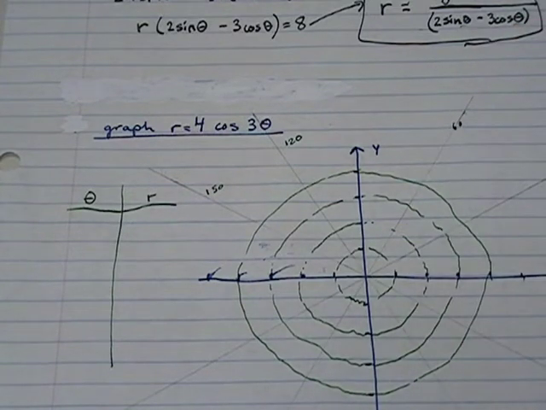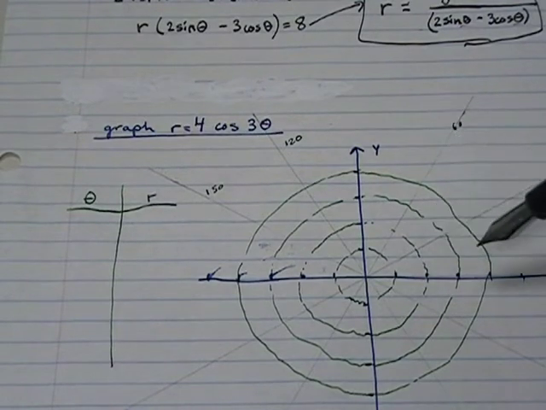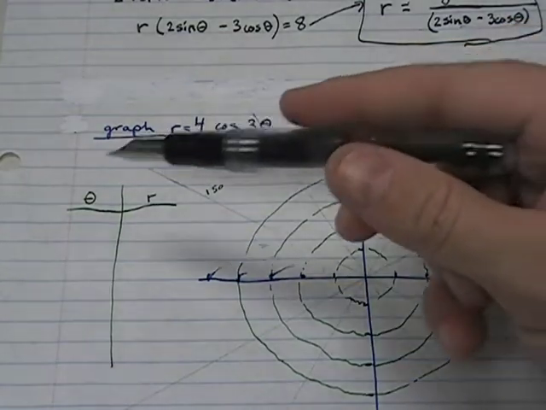So anyway, what I want to do, and you'll see that this doesn't come out very well if we do this in increments of 30. But what I want to do is create this table.